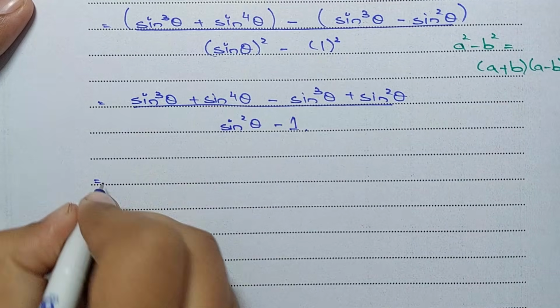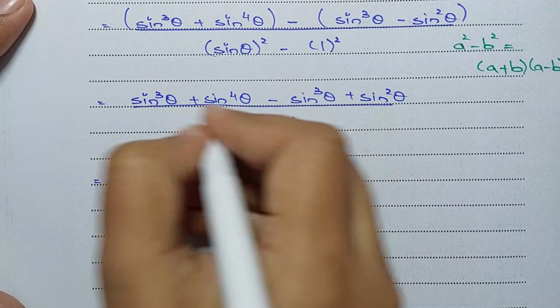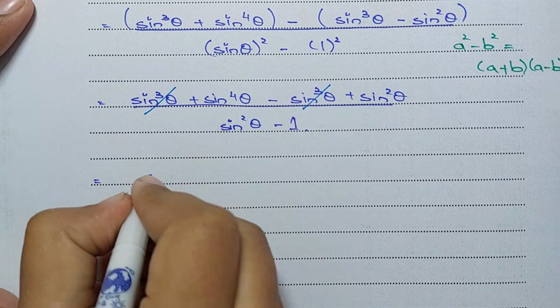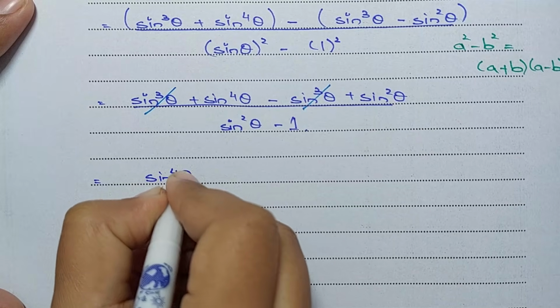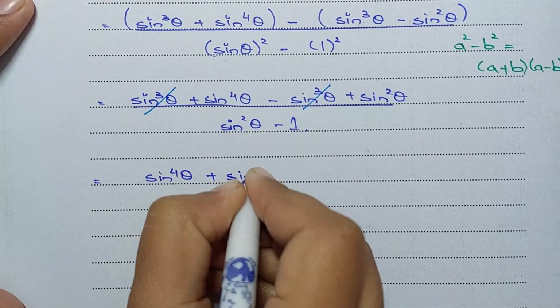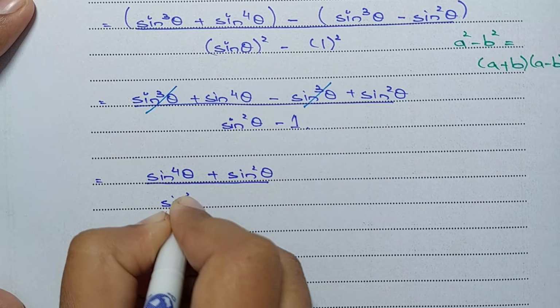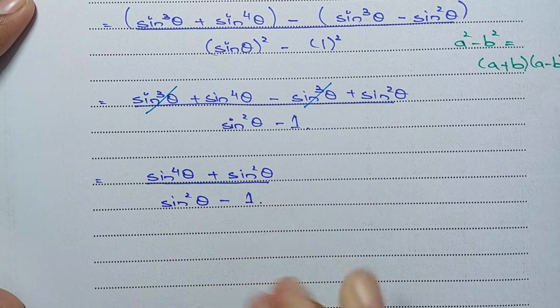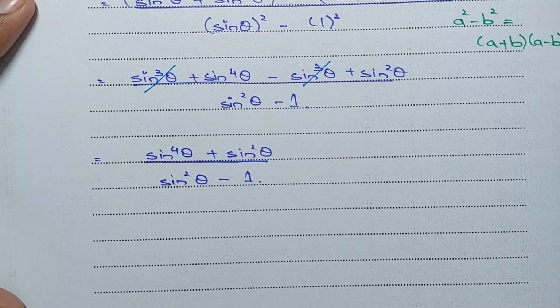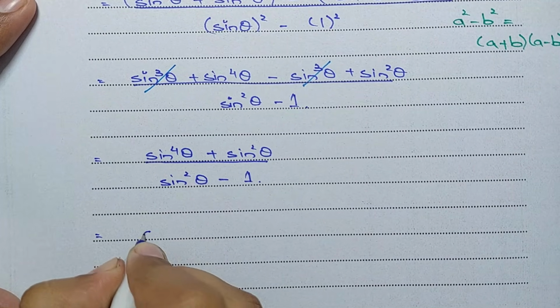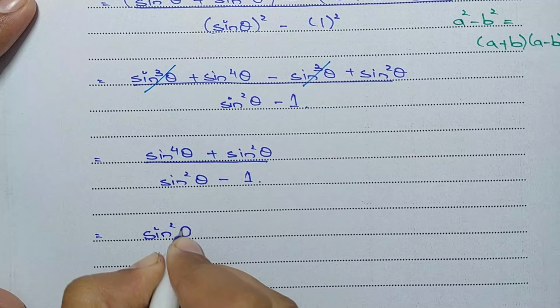Now sine cube with sine cube, positive and negative, cancel out. We are left with sine 4 theta plus sine square theta, and in the denominator we are left with sine square theta minus 1. Further we can simplify, taking sine square theta common.